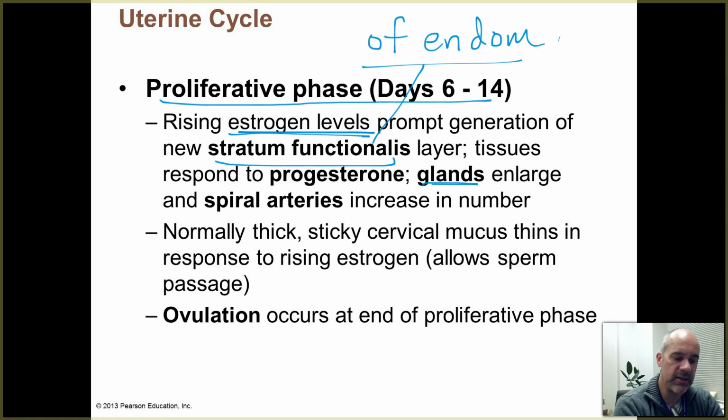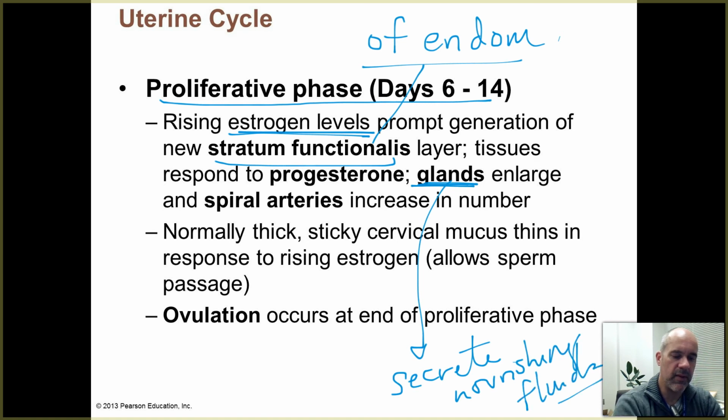There are glands in the stratum functionalis. These are the ones that secrete nourishing fluids. They enlarge and get ready to start making that fluid. And spiral arteries bring an oxygen-rich blood supply into this new stratum functionalis that's developing there.